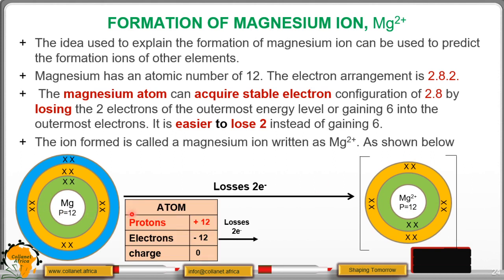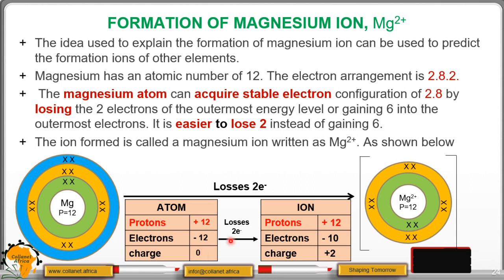Therefore, it is good to understand that when it is an atom, protons are 12 and they are positively charged, and electrons are 12 which are negatively charged, and then the resultant charge will be 0. When it loses 2 electrons, protons remain 12 positive, but now you find a reduction of electrons by 2, so you'll have -10.